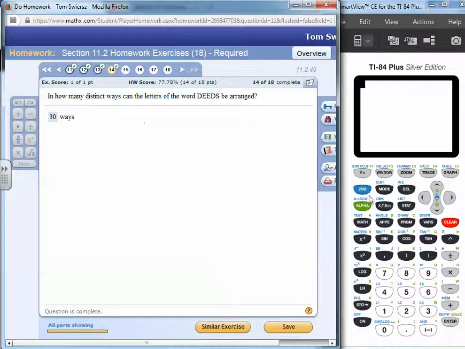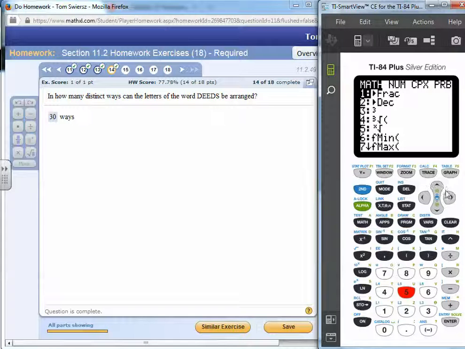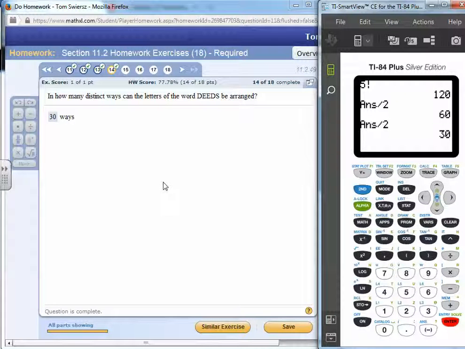Now again, on your calculator, the numbers are so small that it'll probably be faster by hand, but remember the factorial is under math, over to probability, and then factorial is option 4. So 5 factorial is 120, divided by 2 factorial for the 2 D's, and then you could divide by the 2 factorial for the 2 E's. You can do it one at a time, and there's your answer of 30.